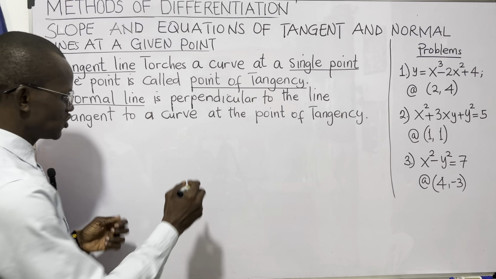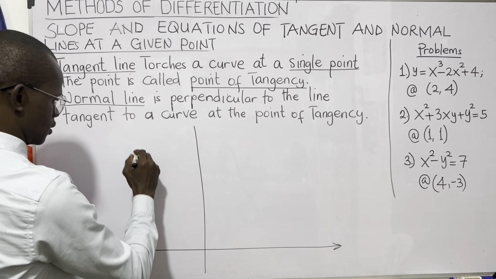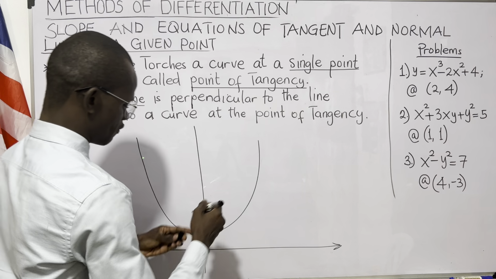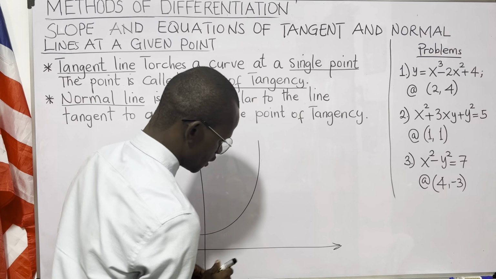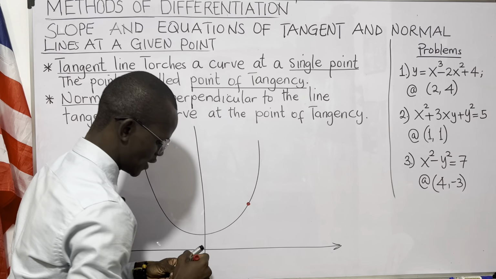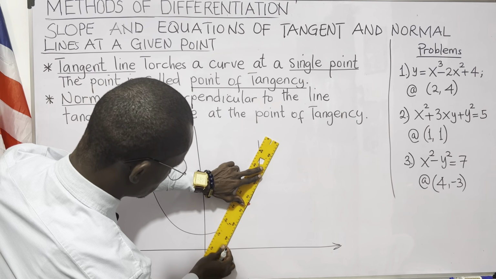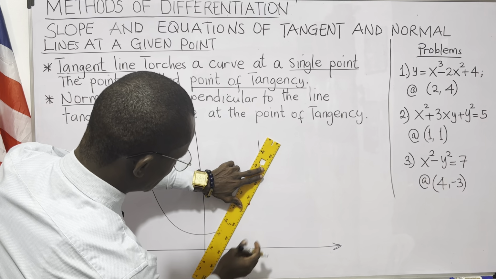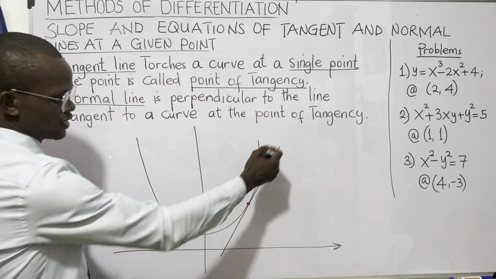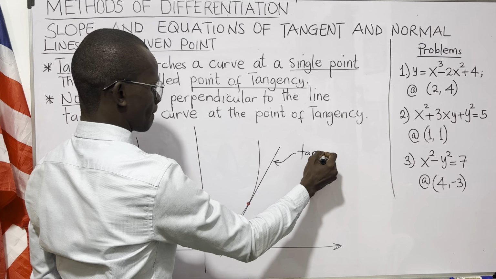So assume we have this graph. There's a graph, for instance. So if there is a point right here, and if we run a line through this point, a line that is exact, that is touching this point only, this line is called the tangent line.